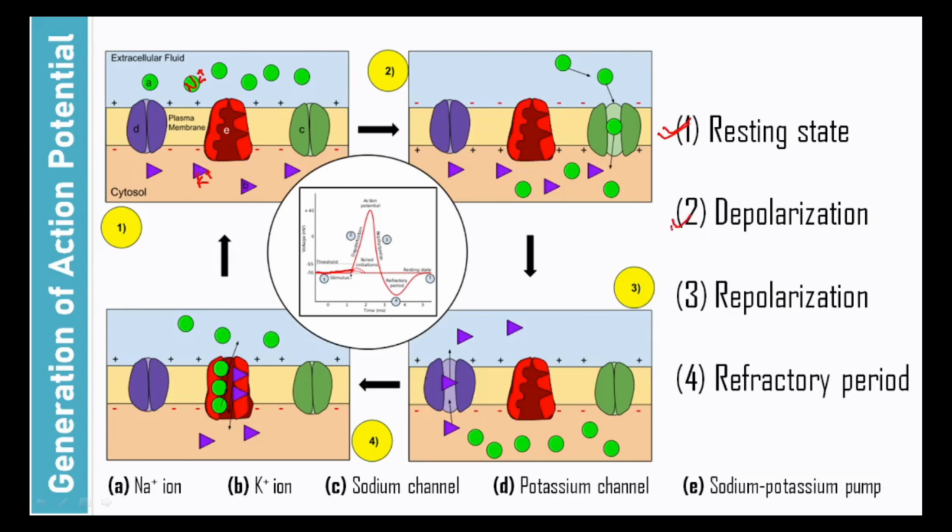Next is depolarization. In this stage, what is happening? Here the sodium channel is open, but the potassium channel and the sodium potassium pump are closed during the depolarizing stage.